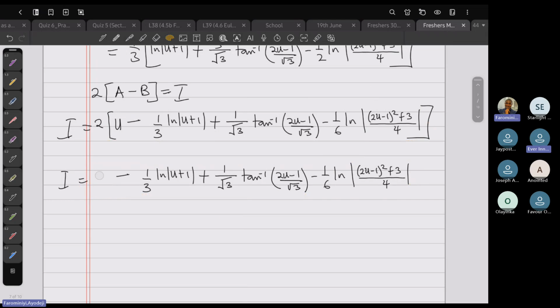I like this kind of question because it touches many different parts of integration. So 2 root X minus 1 over 3 natural log of root X plus 1 plus 1 over root 3 tan inverse of 2 root X minus 1 over root 3 minus 1 over 6 natural log of 2 root X minus 1 squared plus 3 all over 4 plus C.